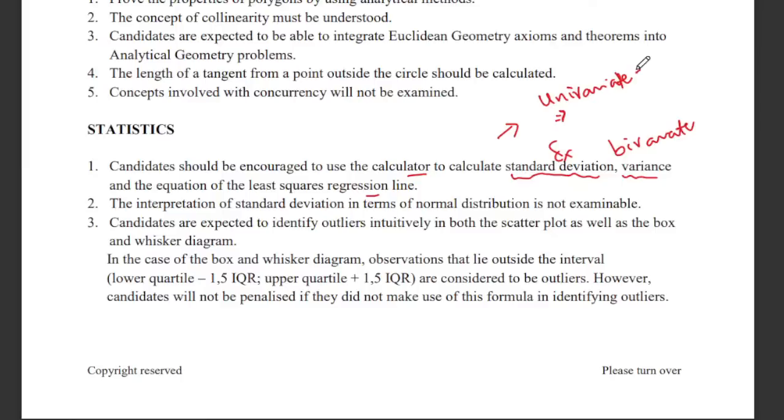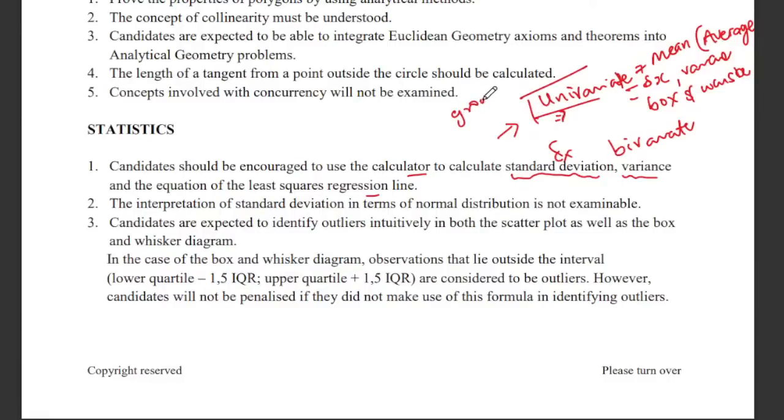Okay, under this, the typical questions they ask for will be the mean, which is sometimes known as the average. Then we also have the standard deviation. They can also ask for the variance, and then it is still under this that they talk about the box and whisker. Okay, so still under the univariate, remember the categories should be 2, the grouped as well as the ungrouped.